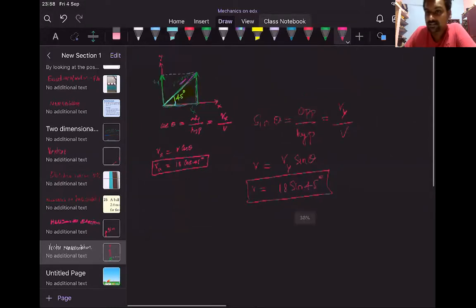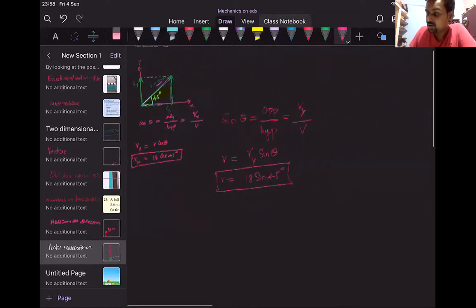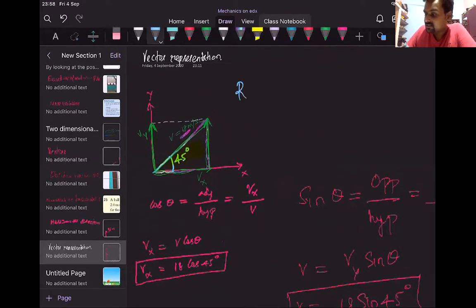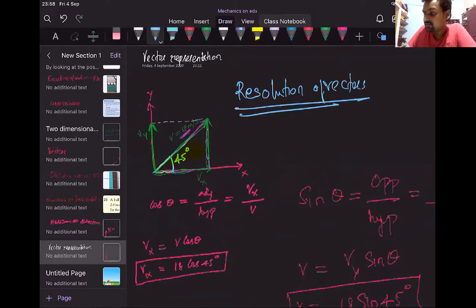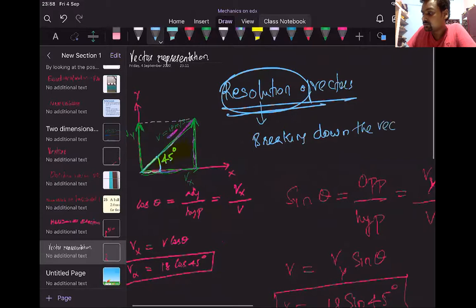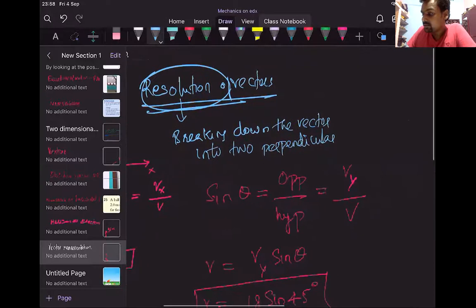This process is what we call resolution of vectors. What does the word resolution mean? It's basically breaking down the vector into two perpendicular components.